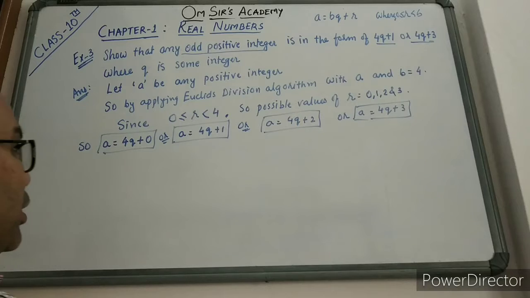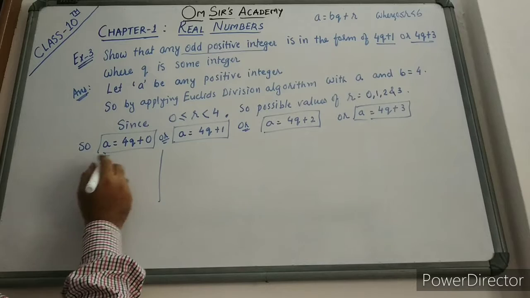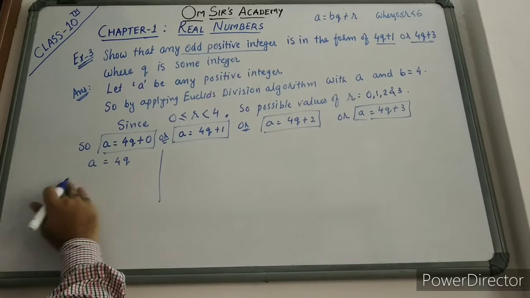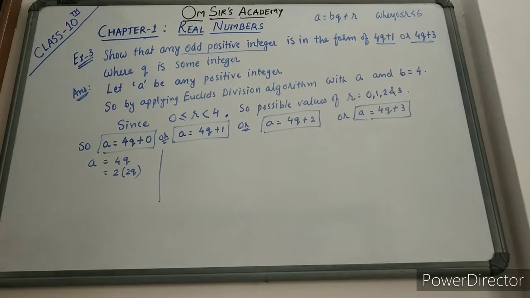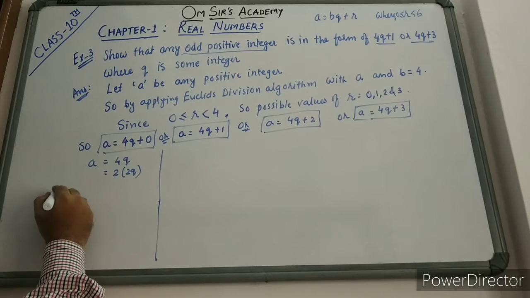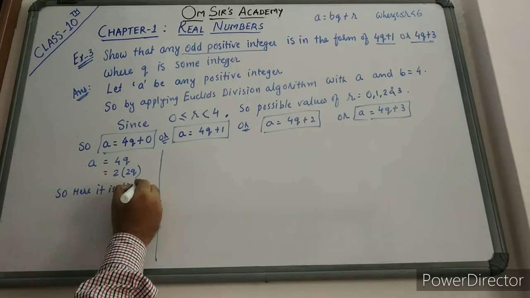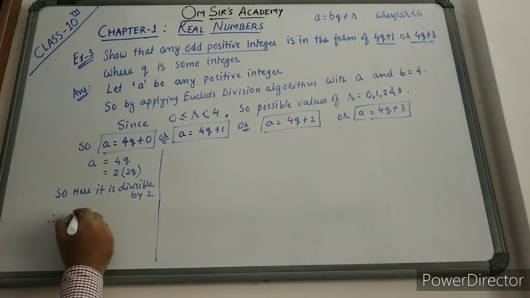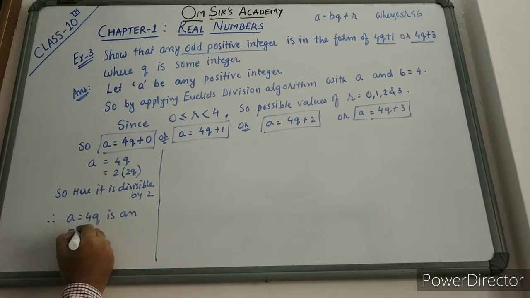Is it clear? In the first case, a equals 4q, so I can take out 2 as common, and it will be 2 into 2q. So it is divisible by 2, therefore a equals 4q is an even positive integer.